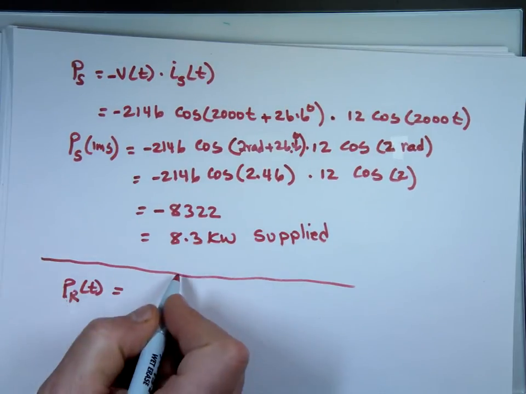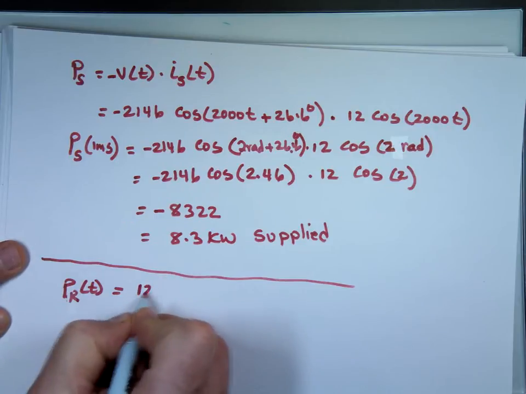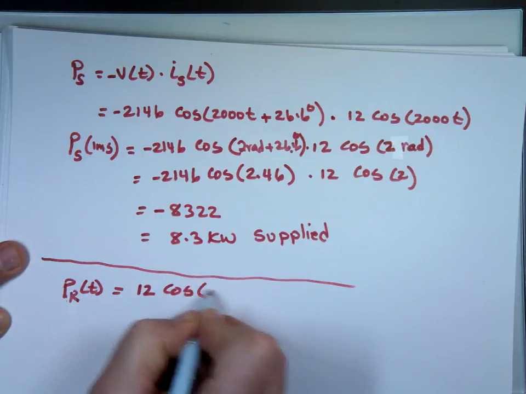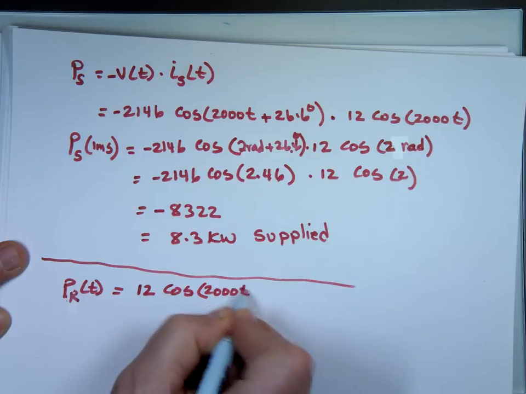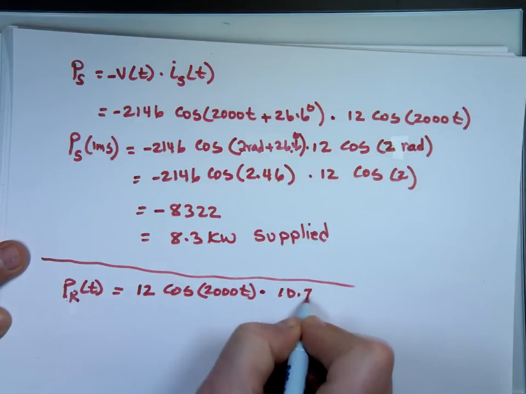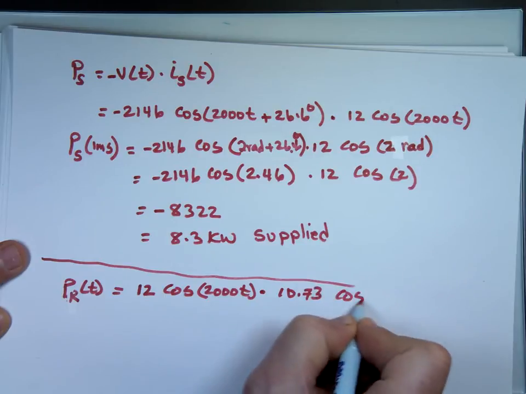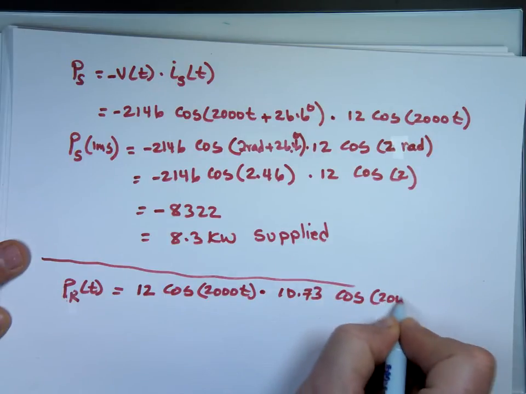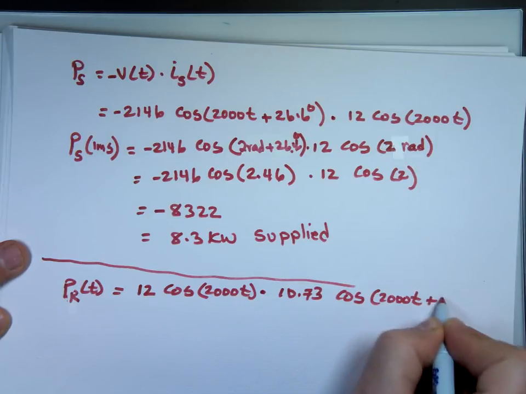And that will be the voltage across the resistor, which is 12 cosine 2000t times the current through the resistor, which is 10.73 cosine 2000t plus 26.6.